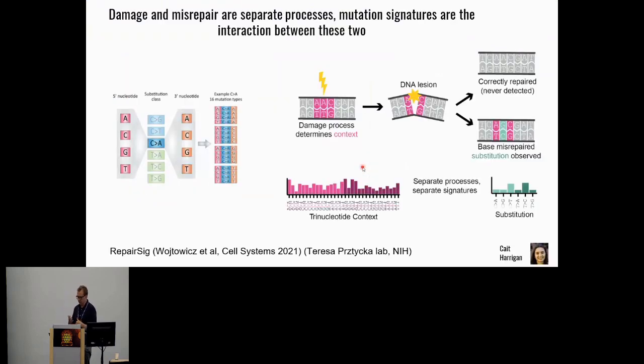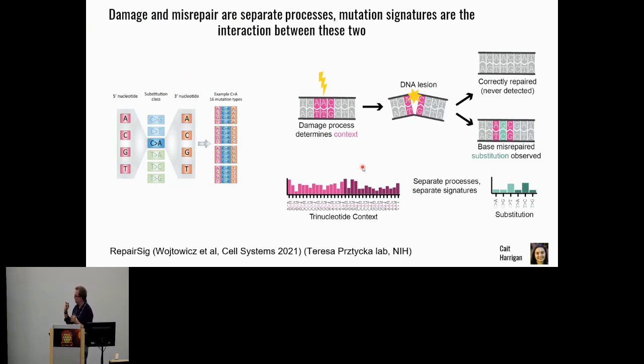There's this really nice observation by Teresa P., who's here today, in this paper that was eventually published as RepairSig, but we saw it at PSB, that damage and misrepair of mutation are separate processes. So the targeting, which tells you what base gets mutated or damaged, is a damage process.